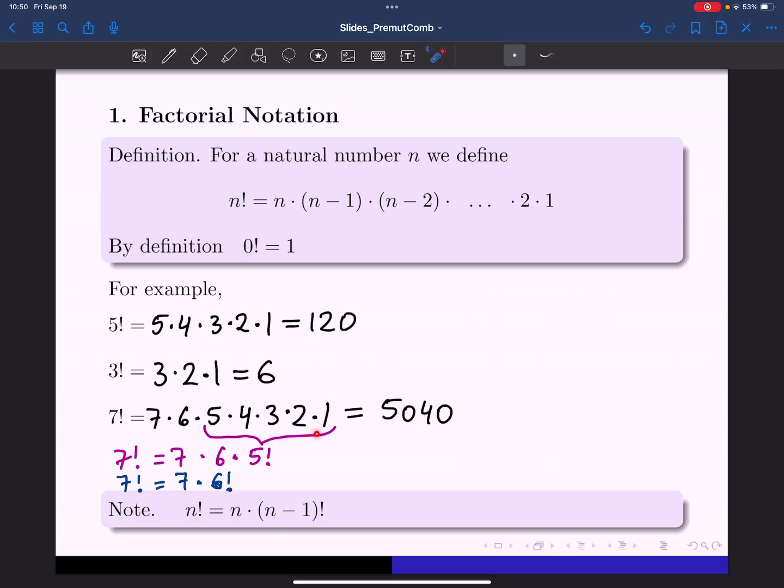So this whole part would be 6 factorial times 7. We will use them if we need to cancel. Instead of writing all the numbers out, we can simply write 6 factorial, which means you're going down up to 1. So n factorial can be some number times 1 less, with the factorial on the way.